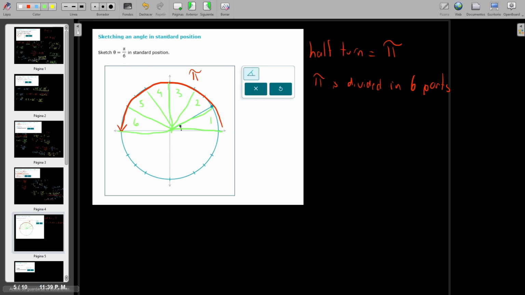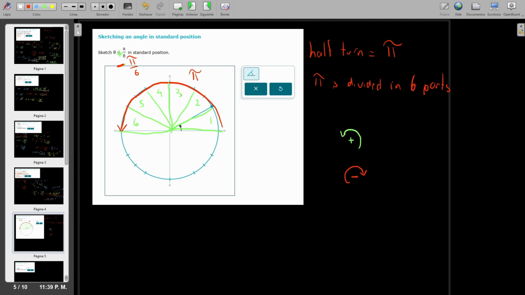Remember, if the angle is going this way, it's going to be positive. In this case, this is a positive angle. But if this were a minus sign, I'm going to put that in red, for example minus pi over 6, if it is going to the other side, it is negative.